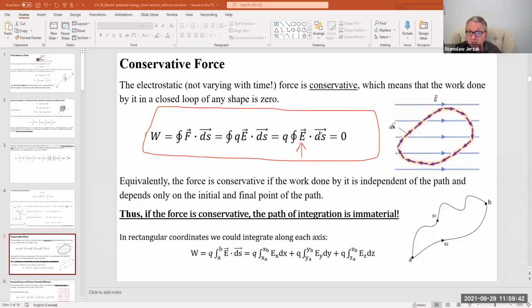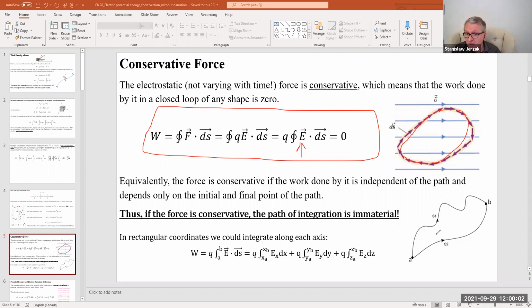Because the statement which I'm making right now, that the work done on a closed loop, when the charge moves on a closed loop in any static electric field, the work will be zero, is actually equivalent to saying that the work done by that electric force is independent of the path.